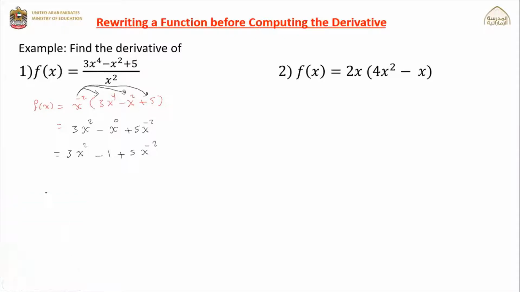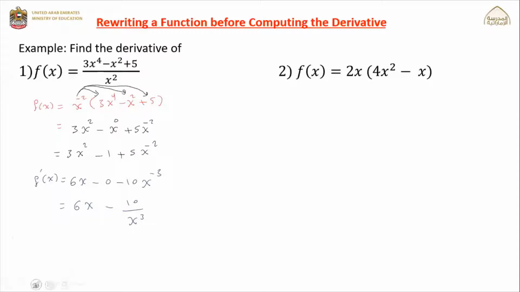After that, I will find the derivative. f prime of x equal 3x squared, the derivative is 6x, minus 1, the derivative is 0, and here 5x to the power negative 2: times 5 will be minus 10, x to the power negative 2 minus 1, it's negative 3. So the final result is 6x minus 10 over x to the power 3.